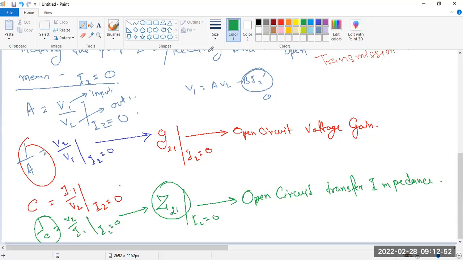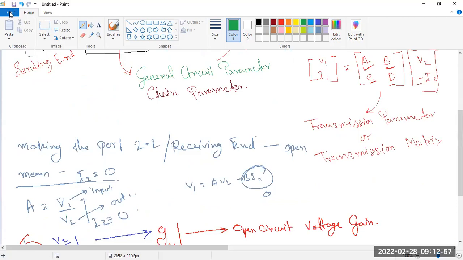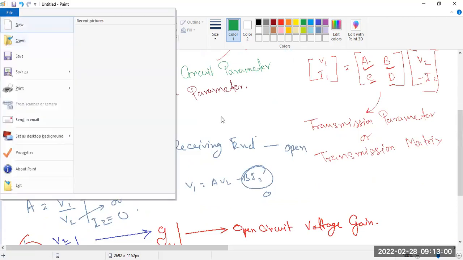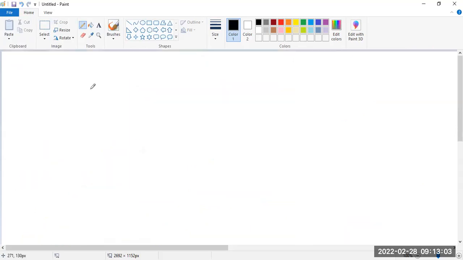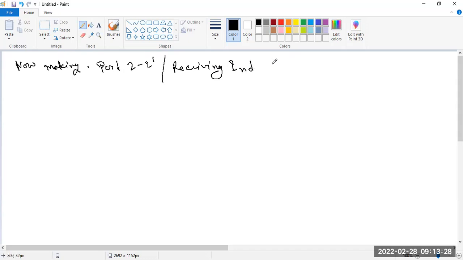So we have another two things, B and D. Now we have to make port 2 dash, or the receiving end, short circuit.